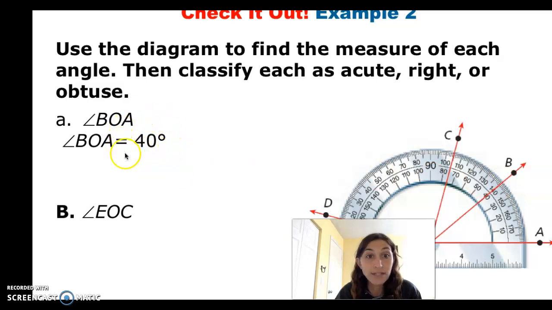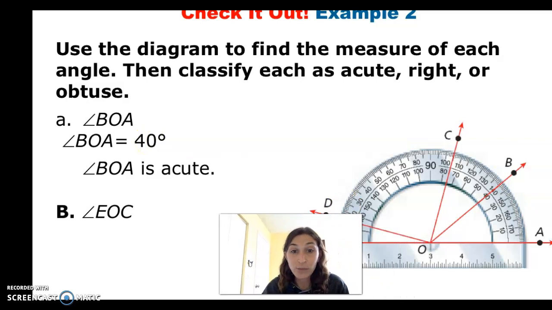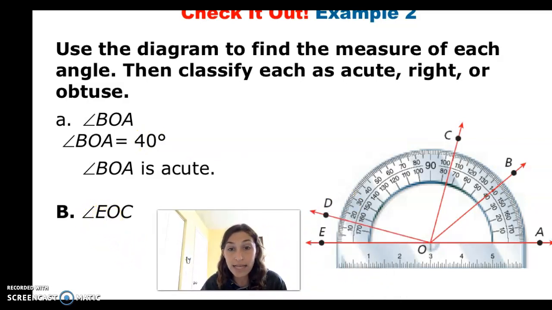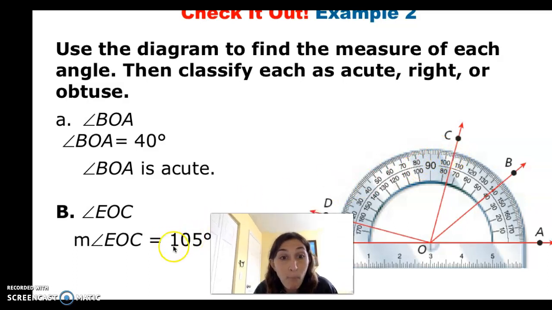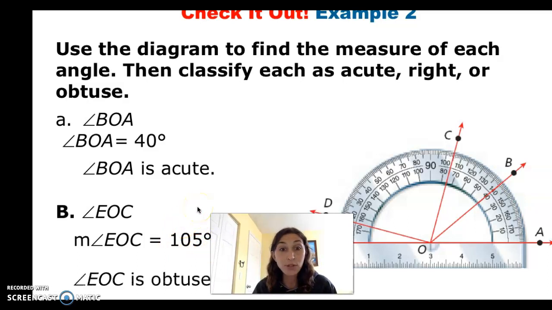I know 40 degrees is less than 90 degrees, which is why that makes that an acute angle. Now our last one, let's look at angle EOC. Okay, I can see it starts right here at 0 and it goes all the way to about 105 degrees, it looks like. 105 degrees is more than 90 degrees. So in that case, it would be an obtuse angle.